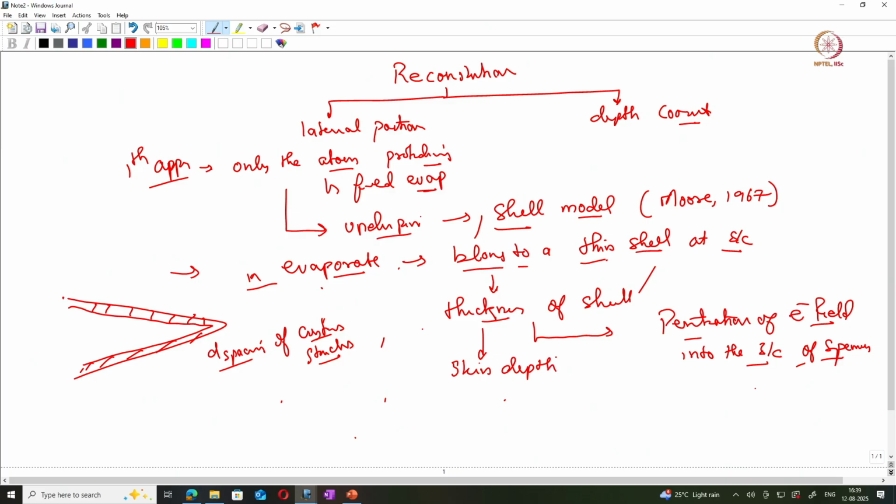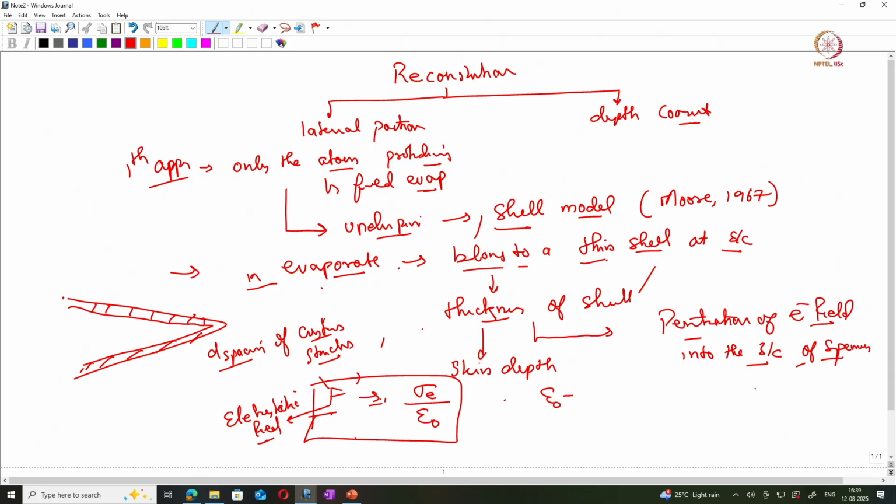Now this electrostatic electric field F, we know, is proportional to the surface charge density, which is sigma E divided by epsilon naught. Okay, this is the electrostatic field, and epsilon naught is the dielectric permittivity.